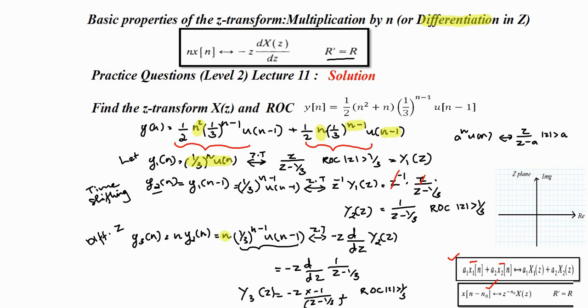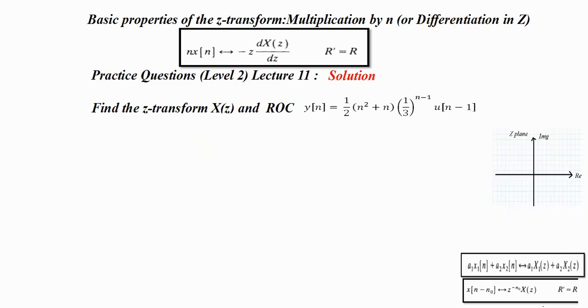So I can write the next signal, y4 of n, which is equal to n into y3 of n, means n into 1 by 3 the whole raised to n minus 1 into u of n minus 1. And there is a transform.